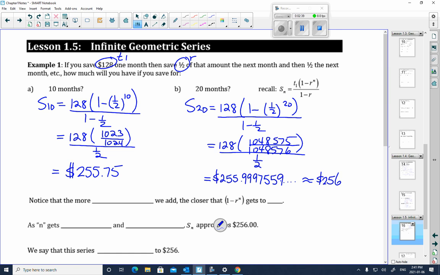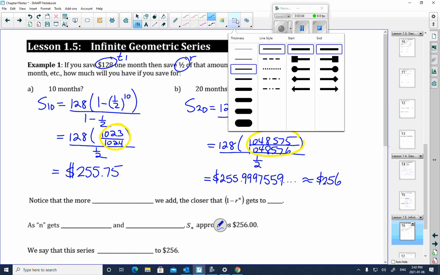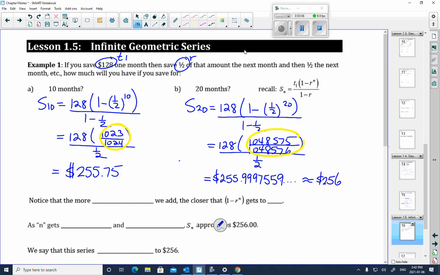Well, what I want you to see here is that the bigger the n is, once you subtract it from 1, you're basically not subtracting much after a certain time. The reason that happens is you're essentially subtracting nothing from the 1.